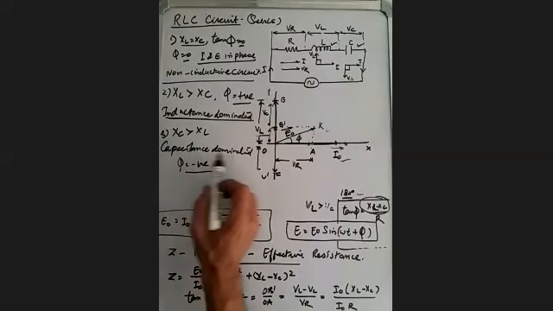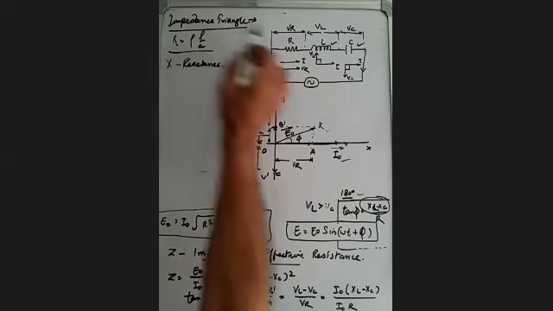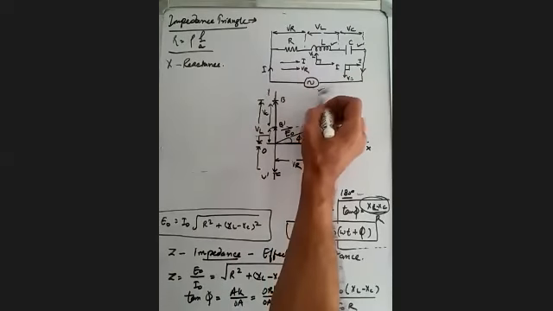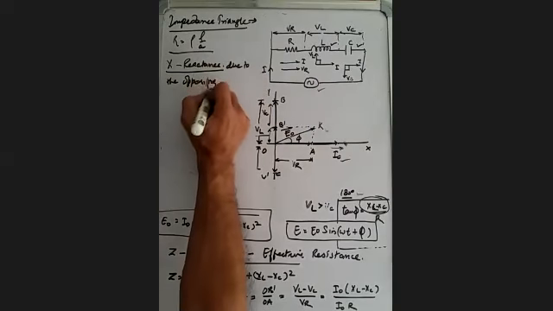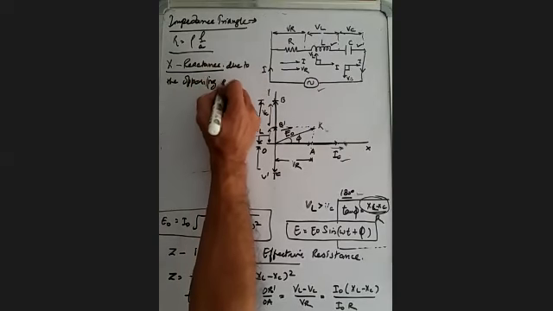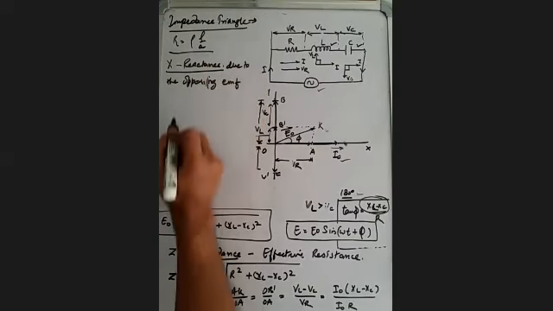So impedance triangle. Resistance R is given by rho L upon A. Impedance we know is the effective resistance offered by the RLC circuit to the alternating EMF. And reactance X represents the resistance which is due to the opposing EMF, which comes into picture when there is a change in the strength of the current.